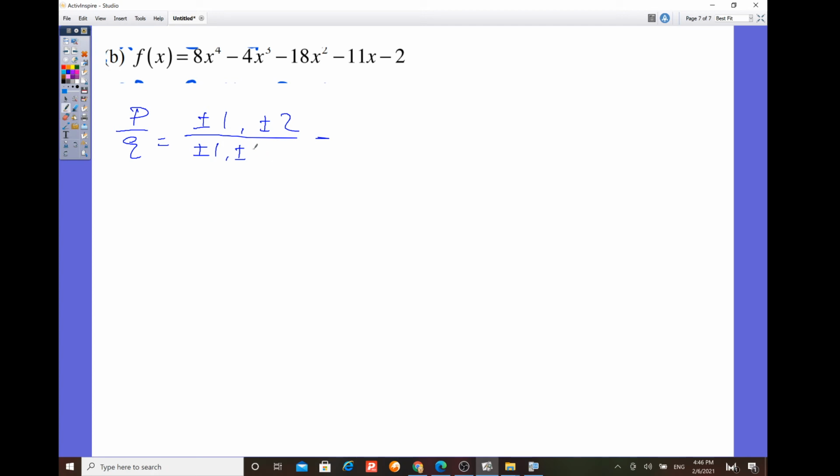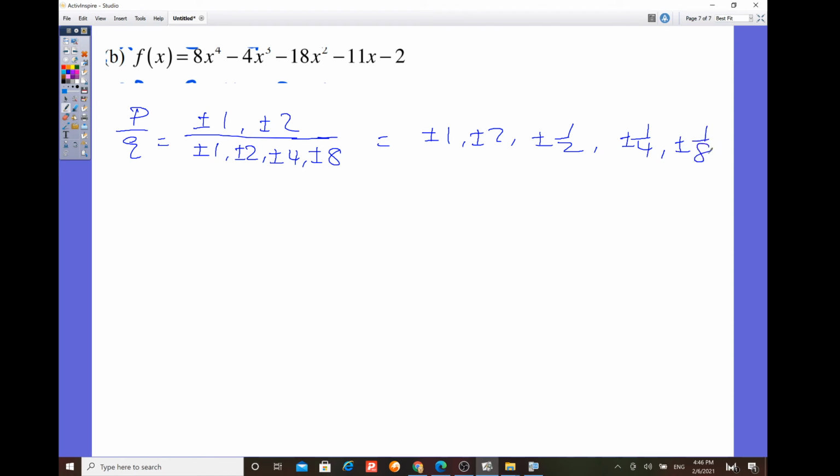Plus minus 1, plus minus 2, plus minus 4, plus minus 8. Again, all the possible factors of 8. So according to the list here, we got plus minus 1, plus minus 2, plus minus 1 half, plus minus 1 fourth, plus minus 1 eighth.